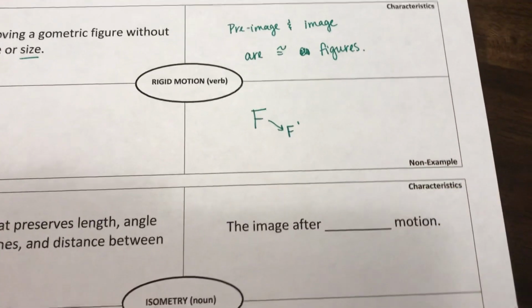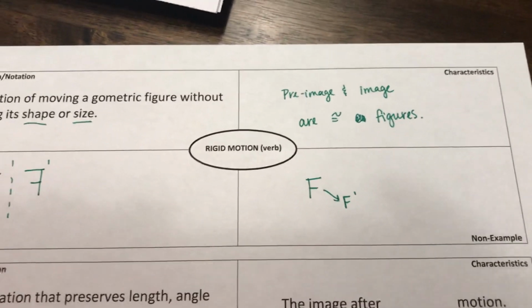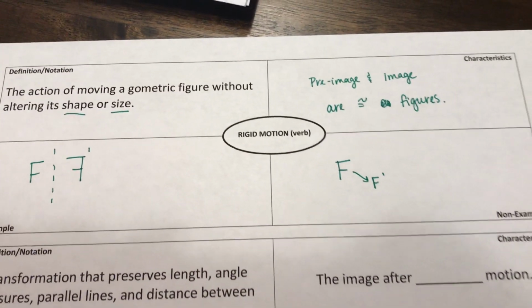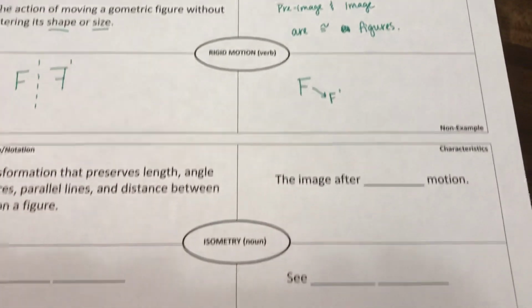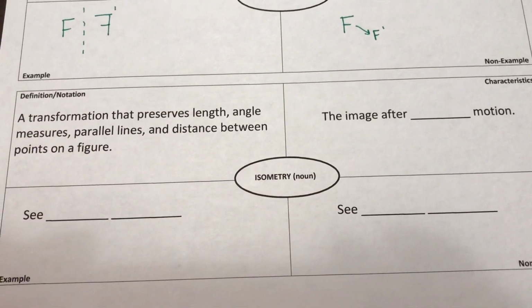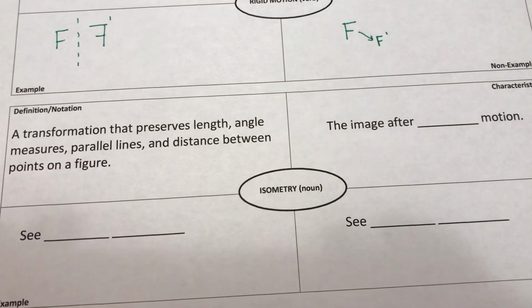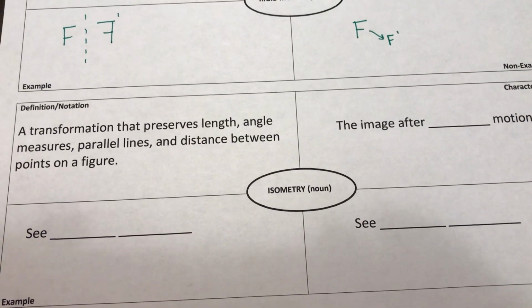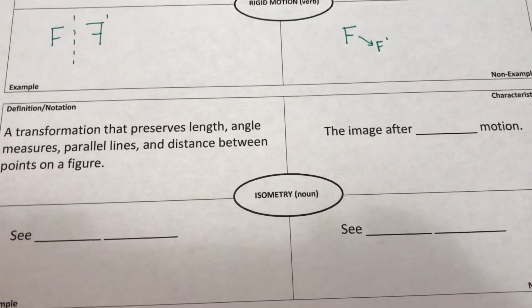Okay, so rigid motion is the verb. I'm not sure I used it correctly throughout all of that, but that's the actual action that you're doing. The actual transformation is called an isometry. So that is the noun. So a transformation that preserves length, angle measures, parallel lines, and distance between points on a figure.